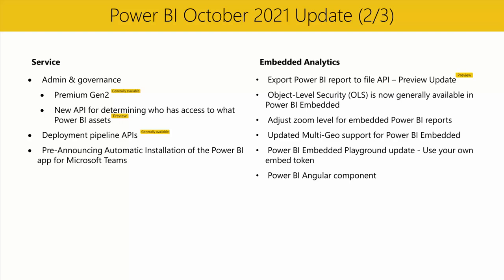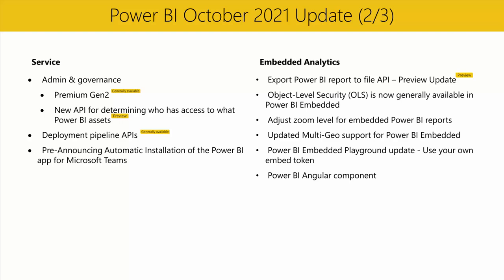First, since we launched the Export Power BI Report to File API, we had to impose a few limitations which we are now removing for premium and embedded Gen 2 capacities. The following modifications apply. The number of Power BI exports per hour is not limited to 50 per hour per capacity, but only to the 50 report pages per minute per capacity.